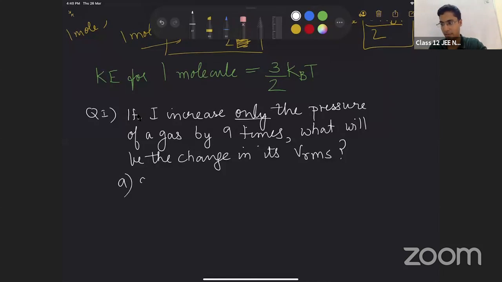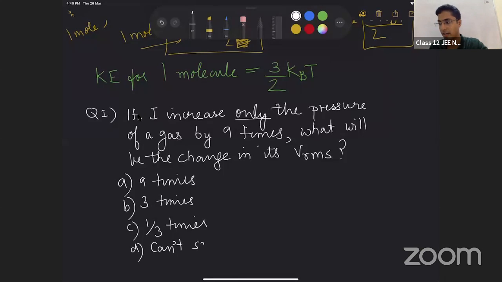Answer A, it will become 9 times. B, it will become 3 times. C, 1 by 3 times. Or D, can't say. Okay, I'm going to launch a poll for you just to make sure you understood it.